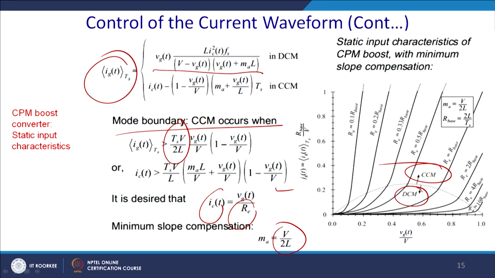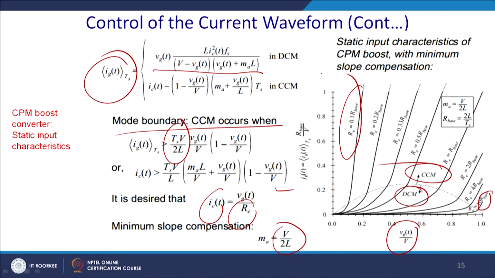Now, when it is quite low load, we will find that it will go to the CCM mode at this point, where this ratio Vg by V will be close to 1. So, for this reason operating in continuous mode for the low load is extremely difficult.